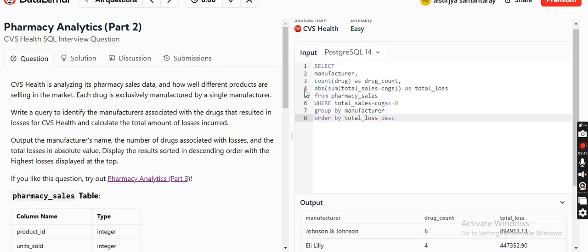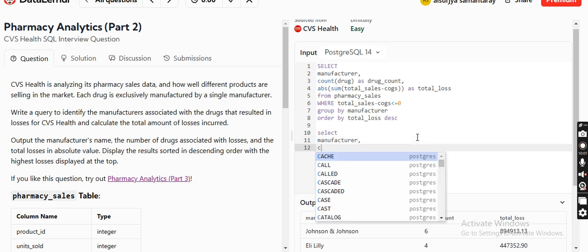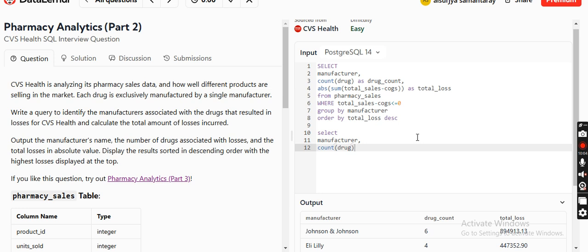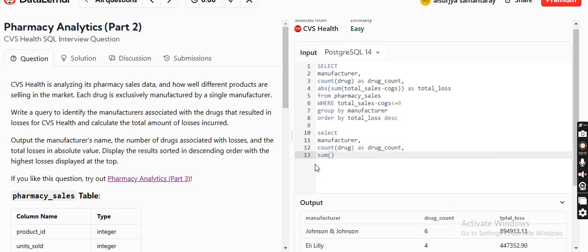Now as I have told you, without ABS how can we solve this question? Same thing, guys: select manufacturer, then count drug as drug count. Now sum. You can see what I need: those cases where COGS is more than our total sales.